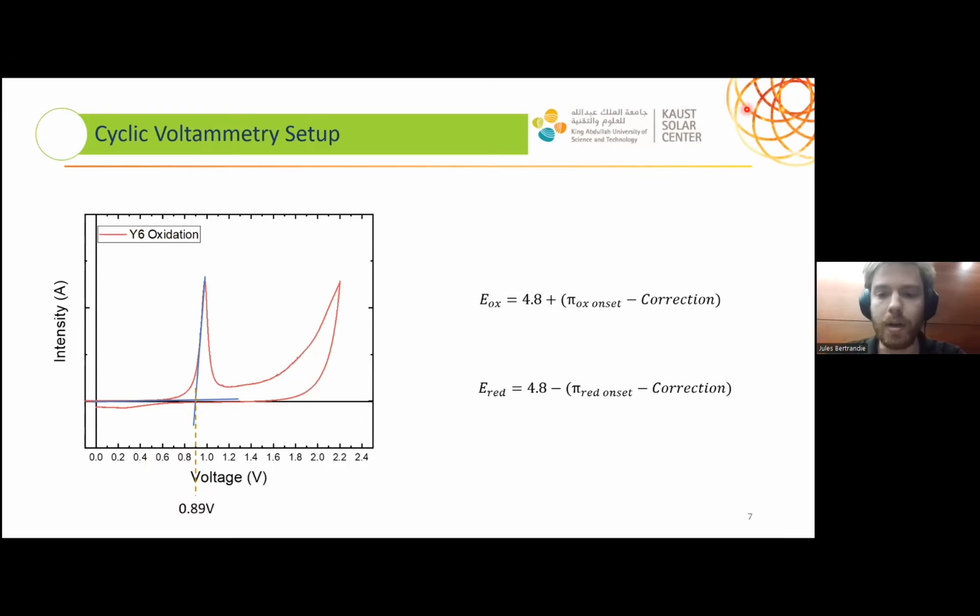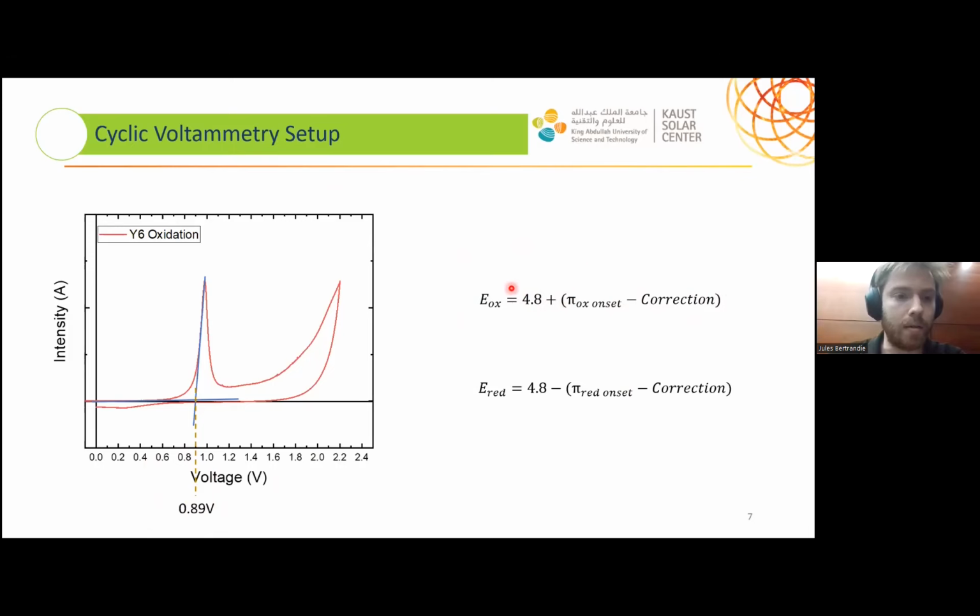After that we use those equations, where you have your HOMO here and your LUMO here. Here is the constant of the ferrocene versus the vacuum level, since we use ferrocene as reference. Here is the oxidation onset that we measure. There is also a correction of the ferrocene versus our reference electrode.